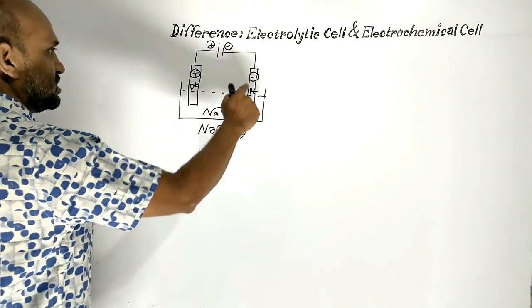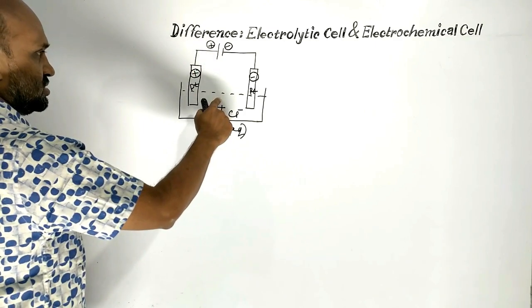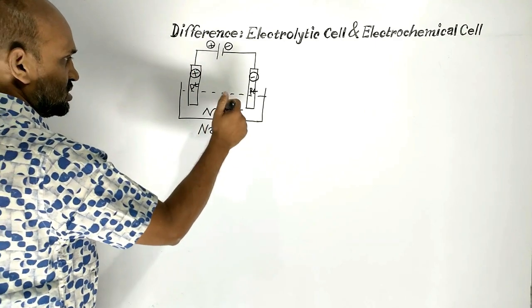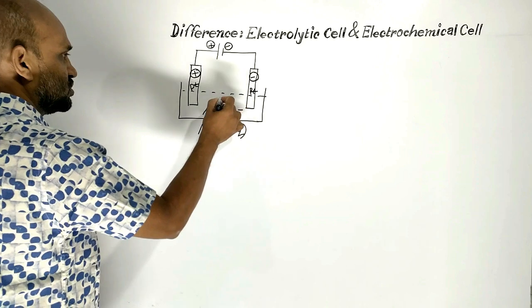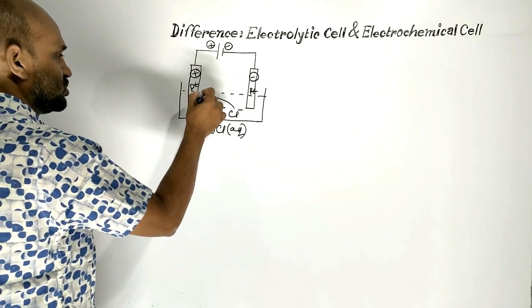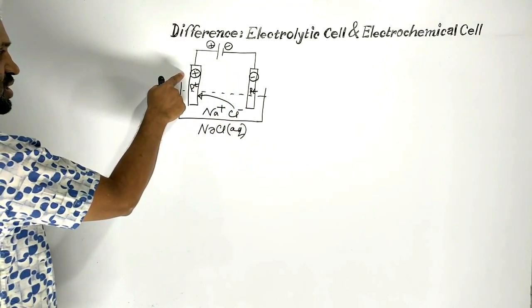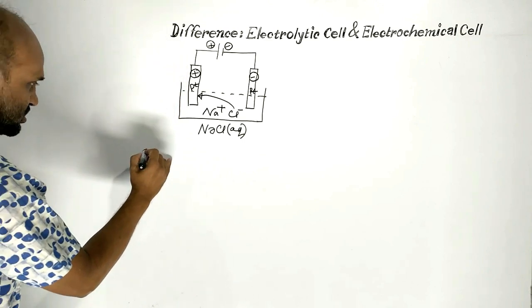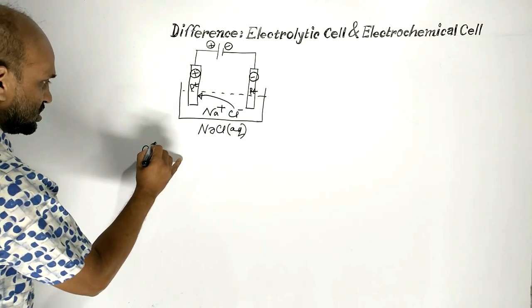Now, the circuit is completed. At this moment, anions will move to the positively charged bar and this reaction will occur.